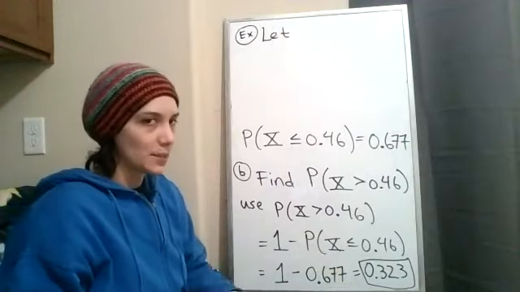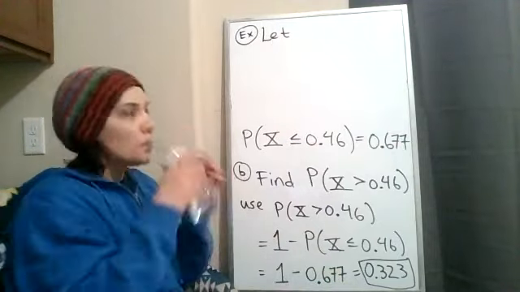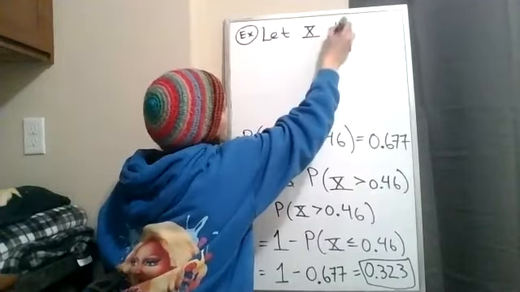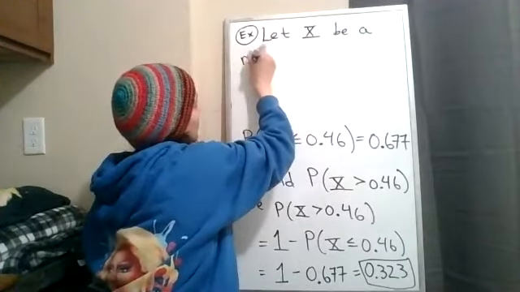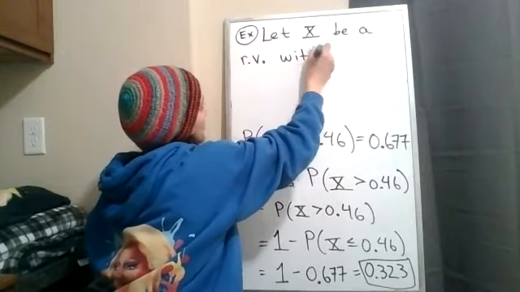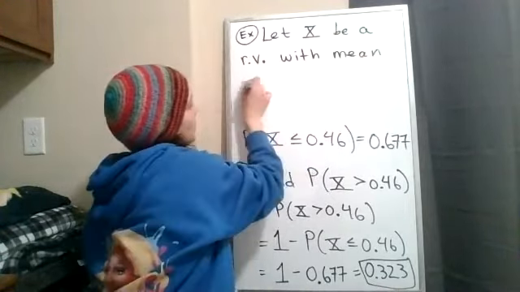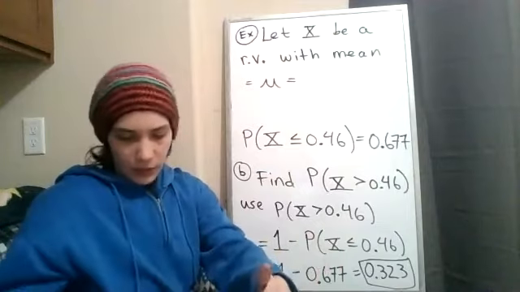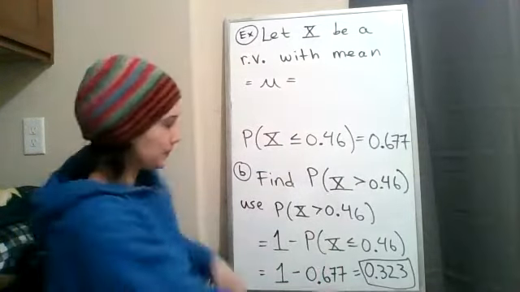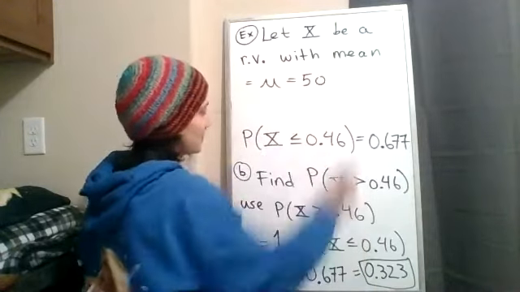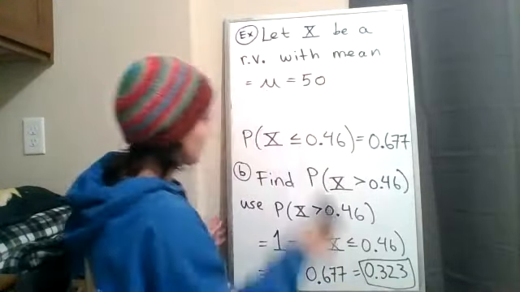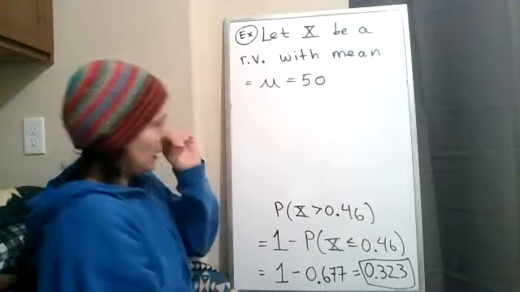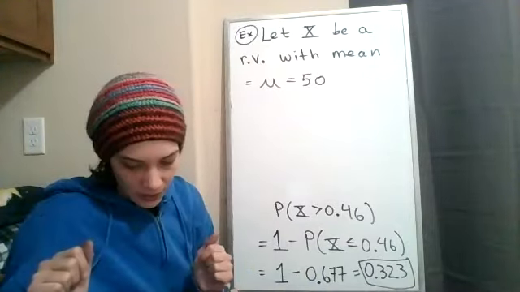We're going to let x be a random variable with a mean of mu equal to 50 and a standard deviation of 7.